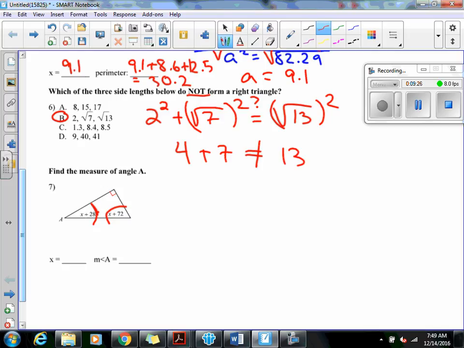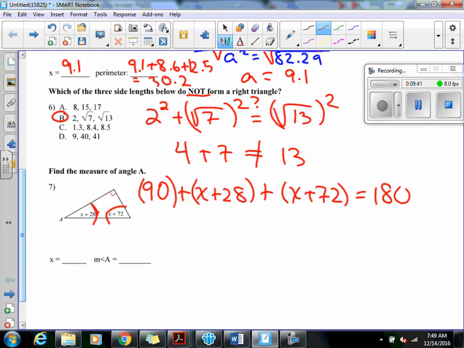You could have included the 90-degree angle and said 90 plus x plus 28, because this represents an angle, that represents an angle, and then x plus 72. You didn't have to put the parentheses. I'm just doing that so you can see that you have 3 angles that add up to equal 180. You all know that fact, so maybe it was just how the problem looked. We had one like this in our review.